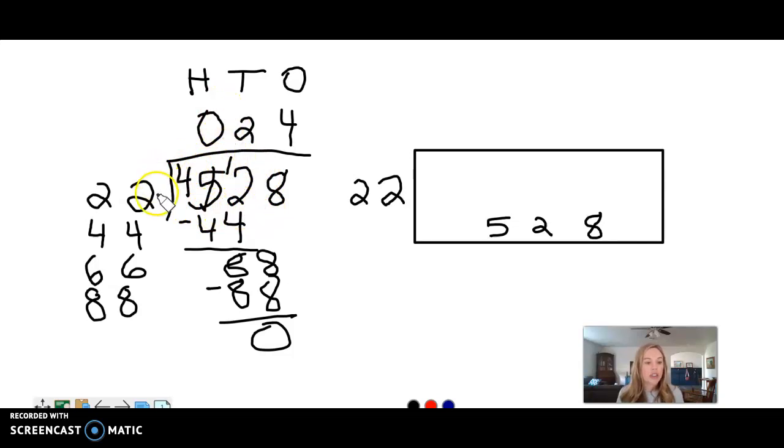I knew that 22 went into 520 20 times. Do we see how the 2 is in the tens place value? 20 times. So let's go ahead and divide up our 528 into 520 and 8, because that's what we're going to divide up first.